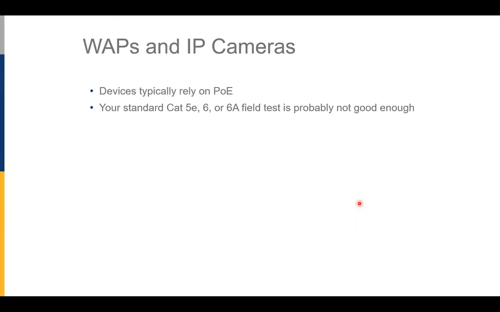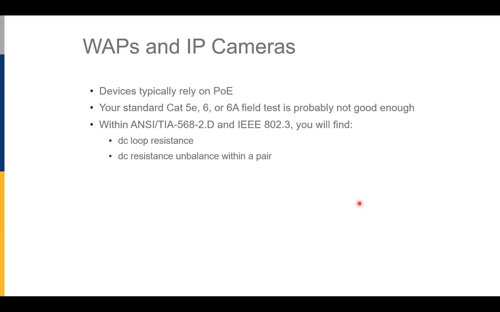Field testing today of category 5, 6, and 6A cables does not require us to test loop resistance and something called resistance unbalance. We want to make sure that the resistance of each leg of the cable is similar. If we don't have a similar resistance value in each leg of the pair, it's going to screw up our ability to support power over Ethernet.